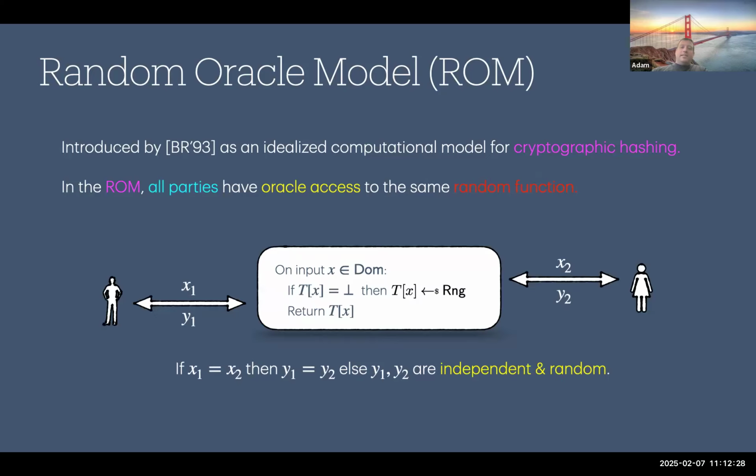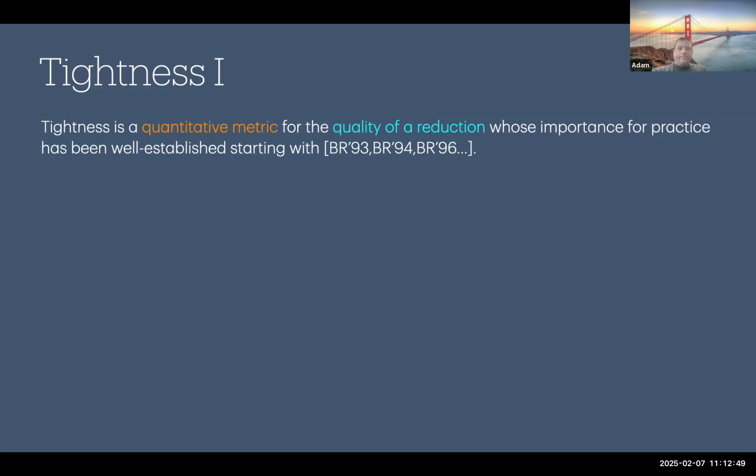Different parties can query this box as a black box. If Alice and Bob query it with the same inputs, they get the same outputs. Otherwise, they get independent random outputs. Make sense?